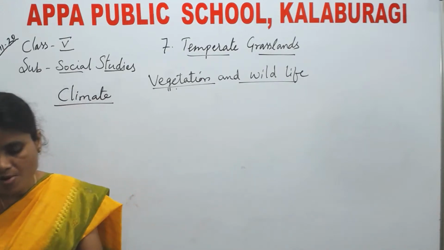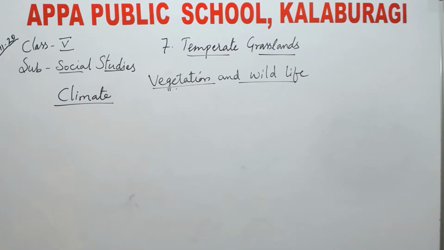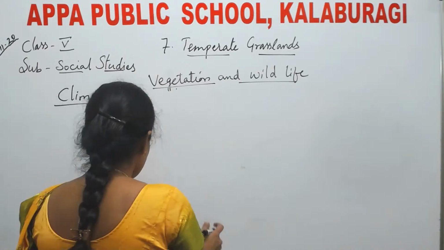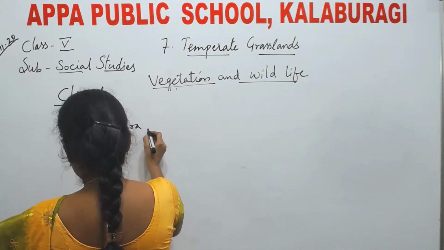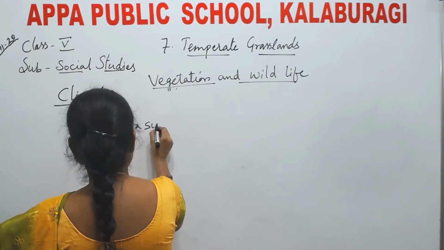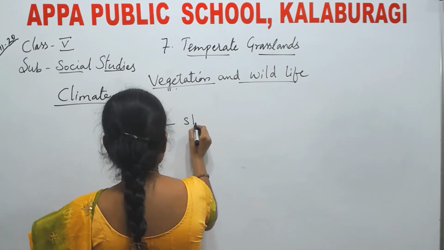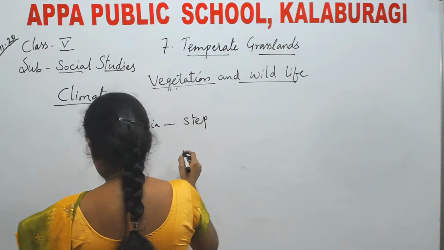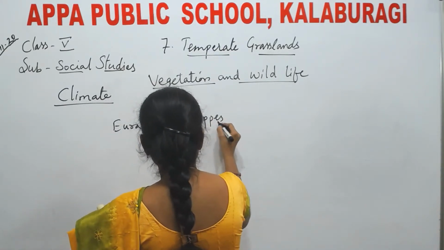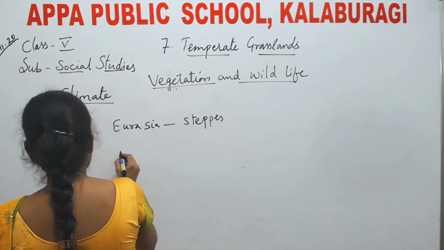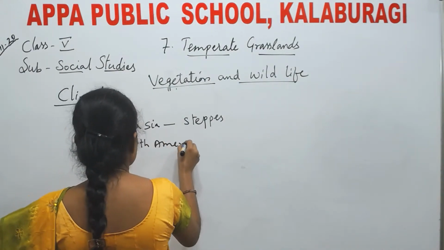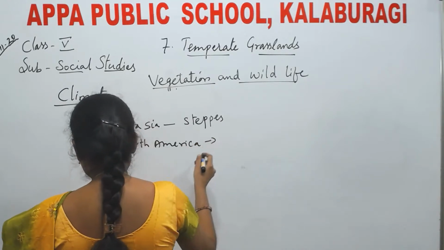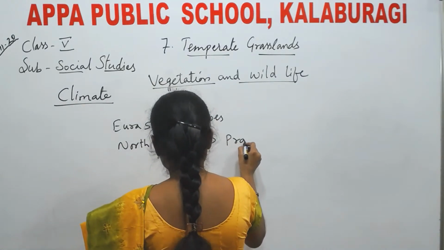Now let us see how they are called by different names. In Eurasia, they are called steppes. Next, in North America, they are called prairies.